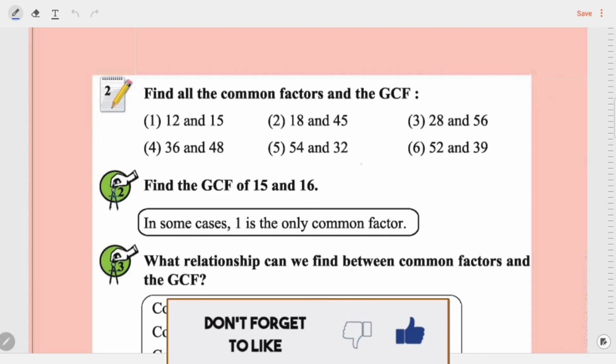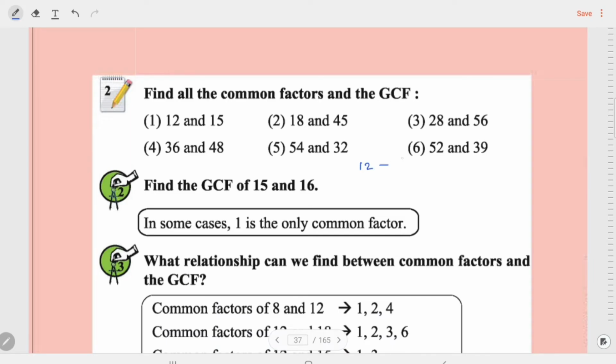What are the factors of 12? 12 factors are 2, 3, 4 and 12. 15 factors are 3, 5 and 15 also. I haven't written 1. 1 is also a factor, of course.